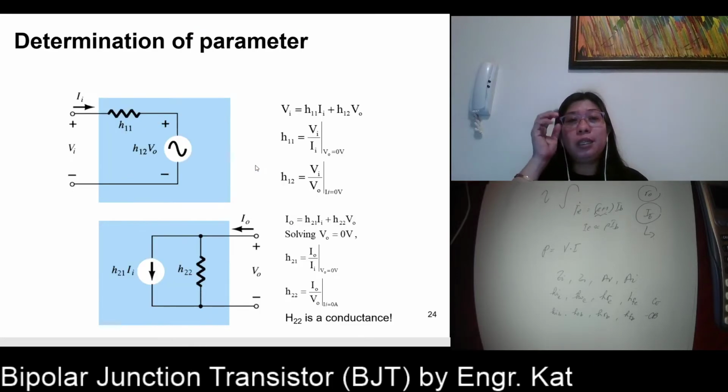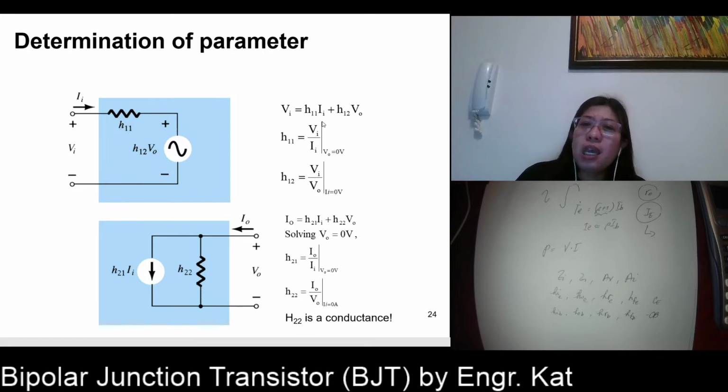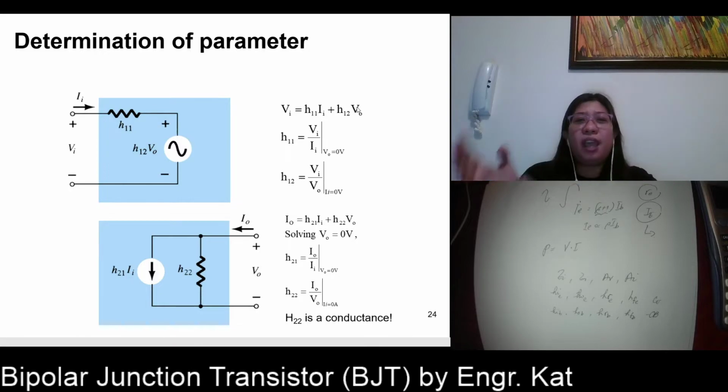Let us determine each of the parameters. So we have here your VI. It is hybrid because we are technically adding. When we are solving for VI, we usually add voltage plus voltage. But as you can see, your parameter here is current, and we are adding it to a voltage. So it is hybrid. You are adding current and voltage.